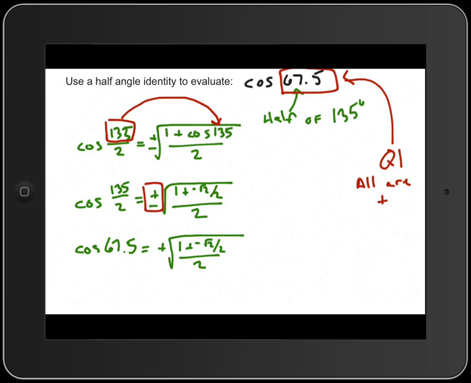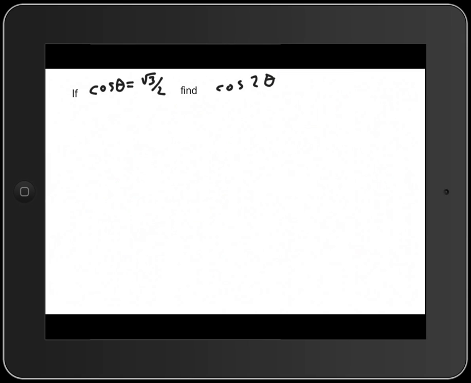All right, last one here is a multi-part problem, okay? And this one, I'm giving you a piece of information. I'm telling you what the cosine of the angle is, and I want you to find the cosine of twice the angle. And the intent here is to apply the double angle formula. All right. Now I'm giving you the cosine, and we have multiple choices for the double angle formula.